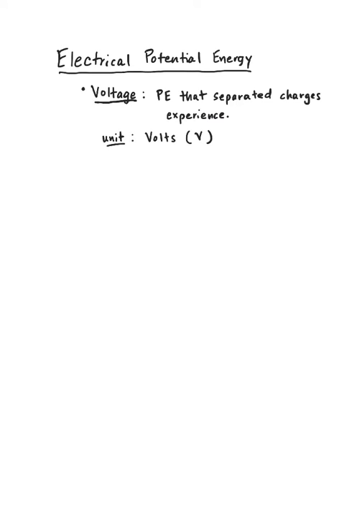A volt effectively tells us how much energy each charge carries, how much energy it's going to take to separate one charge all alone from another. We can express that as a ratio. A volt is equal to the energy per charge.